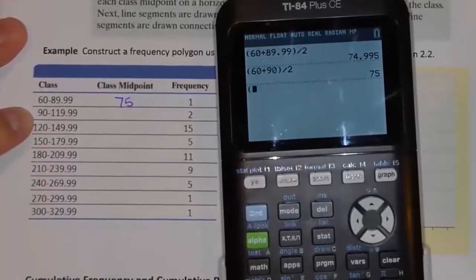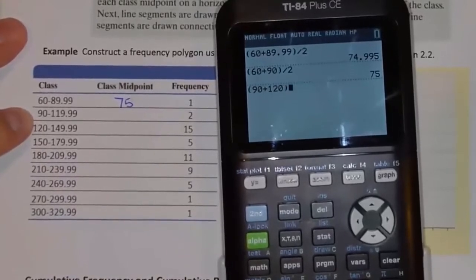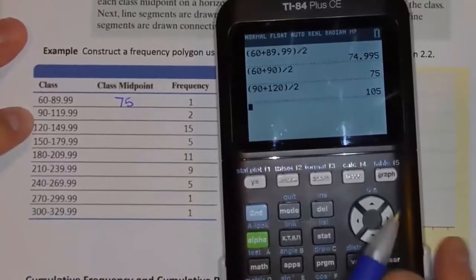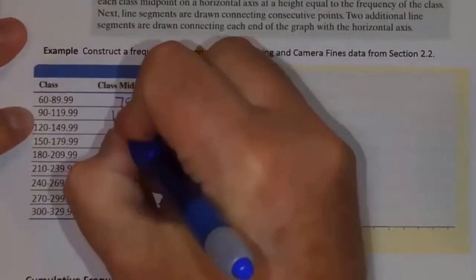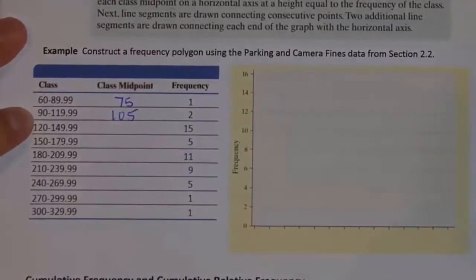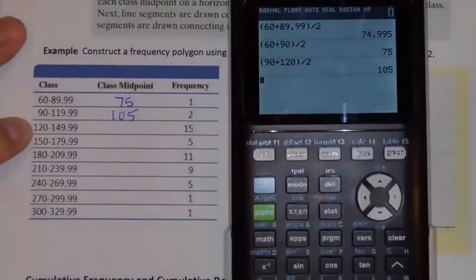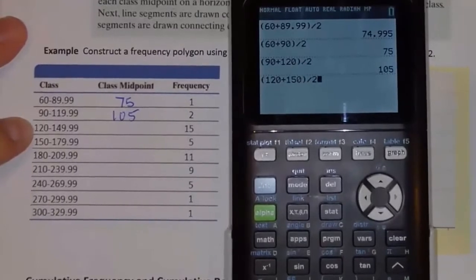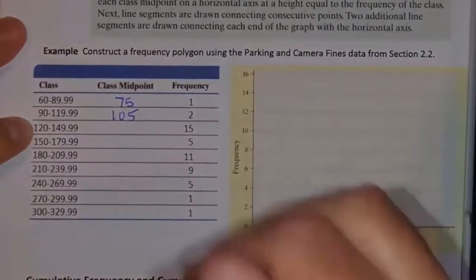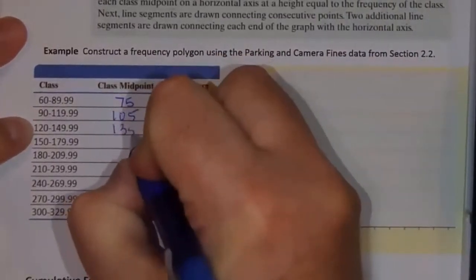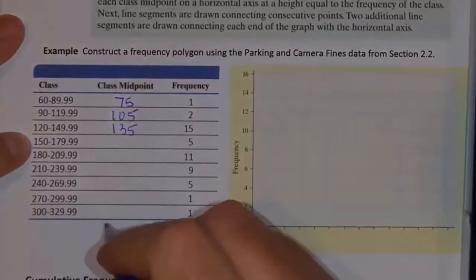So now I'm going to average 90 and 120, and so that's 105. Next, I'm going to average 120 and 150, and so that's 135. And so on.